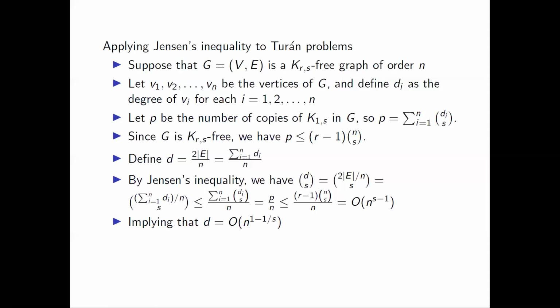And that implies that D equals big O of n to the 1 minus 1 over s. And now we can use the fact that the number of edges in our graph, the cardinality of E, is equal to big O of n times D. And combining with what we see in the previous bullet, we get big O of n to the 2 minus 1 over s.